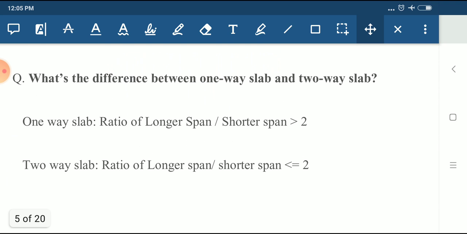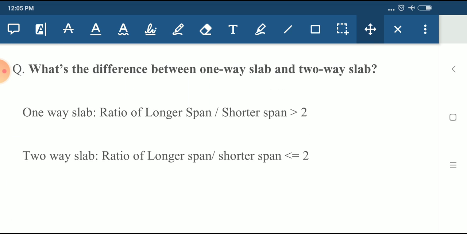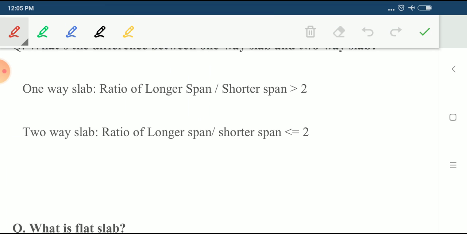Okay, what is the difference between one-way slab and two-way slab? It is very important. One-way slab means if the ratio of the longer span to the shorter span is greater than 2, then it is called one-way slab. If it is equal to or less than 2, then it is called two-way slab.